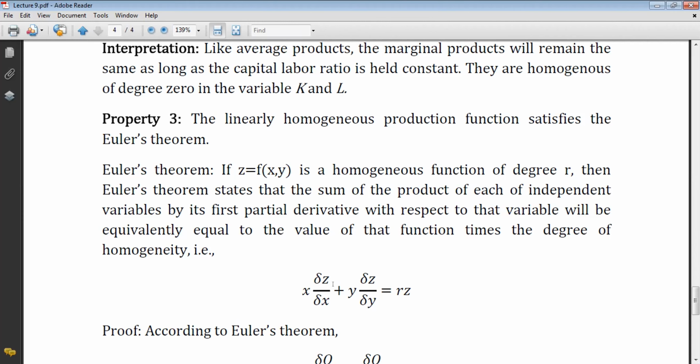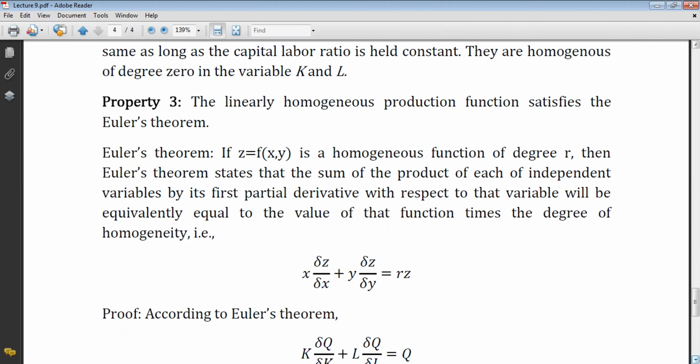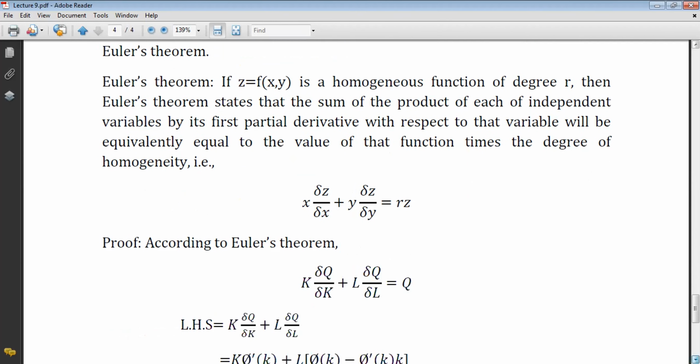Then we have to sum this. That means x into del z by del x plus y into del z by del y would become equal to the value of the function z times the degree of homogeneity. Here the degree of homogeneity is r, so r into z. Clear? So we have to prove this for our linearly homogeneous production function.